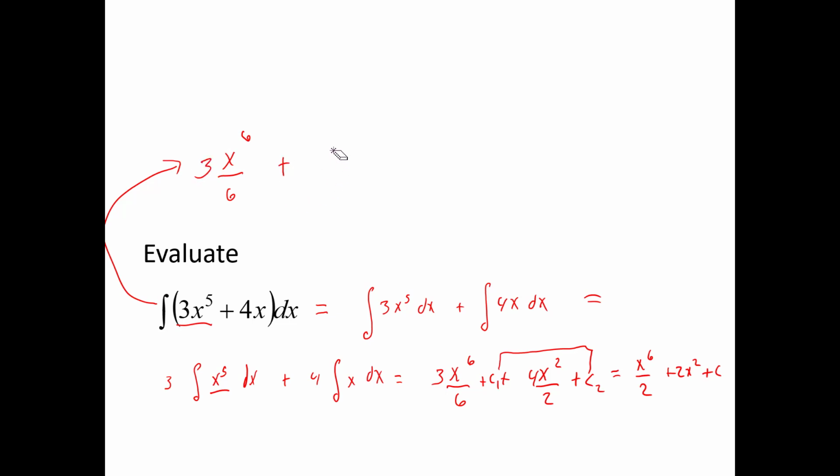Same thing for the second one: add 1 to the exponent, divide by the exponent, and multiply it by 2. And then I have to add my constant. And then this becomes x to the 6th over 2 plus 2x squared plus c. Same answer, a lot less work.